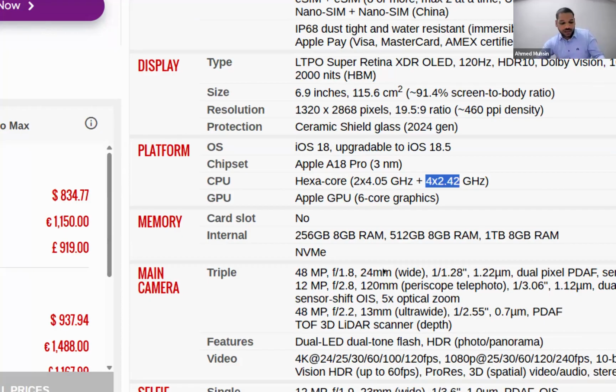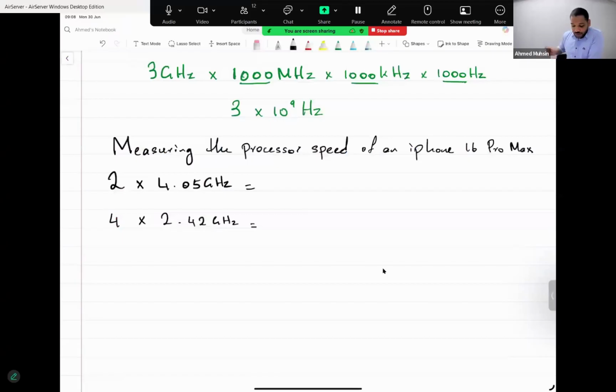Now time to go back to my note. Do you all have something like this? So 2 multiplied by 4.05 will give you 8.1. Unit is gigahertz. Then the next one will be 4 multiplied by 2.42, which is 9.68, correct.